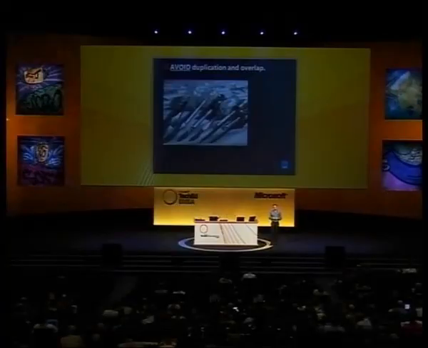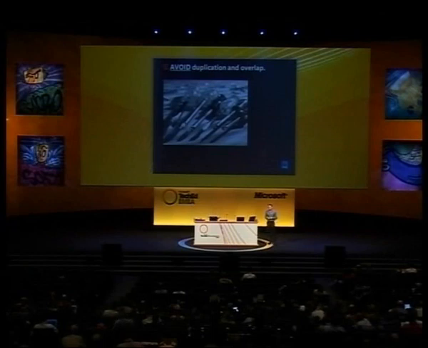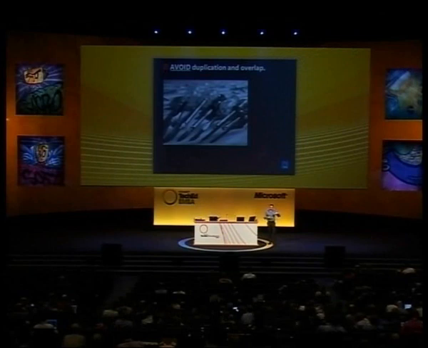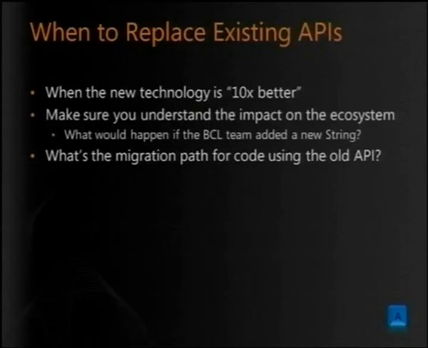Duplication also creates issues for the whole ecosystem, correct? The more data binding infrastructures we have, the more complexity we have in designers, for example, in visual designers, and so on and so on. So it's very important to minimize duplication and overlap.